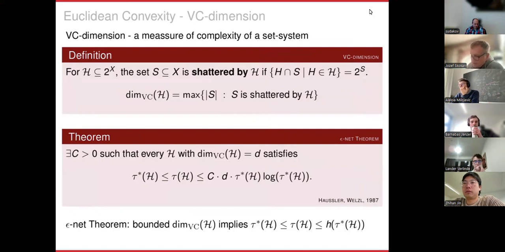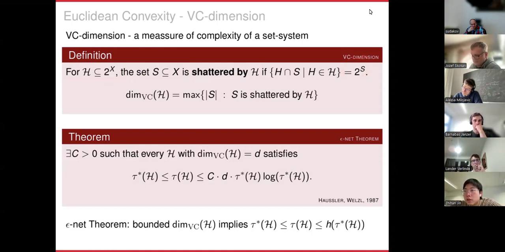The final concept that I need to introduce is called VC dimension. The Vapnik-Chervonenkis or VC dimension is a measure of complexity of a set system. Its formal definition is that for a hypergraph on a set X, a subset S of X is shattered by this hypergraph if the set of all intersections of S with edges of H gives me all subsets.